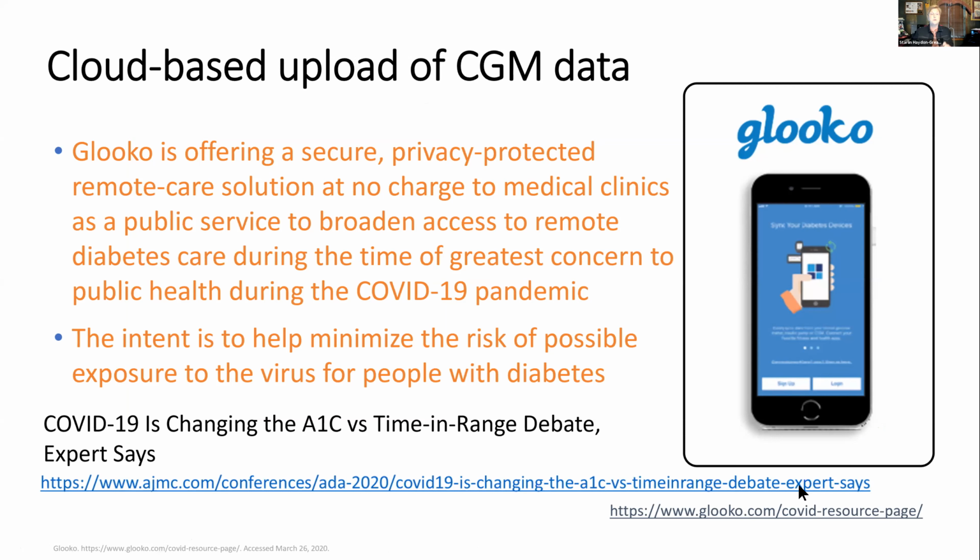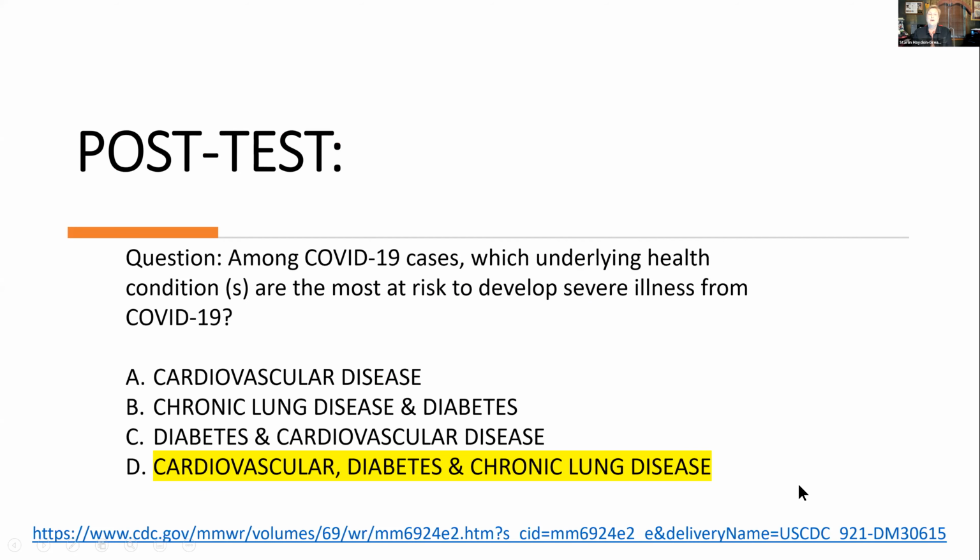Okay, here's the post question. So as you know from all the slides and the 5 million times I said it, cardiovascular, diabetes, and chronic disease are all underlying health conditions that pose the most risk to develop severe illness.